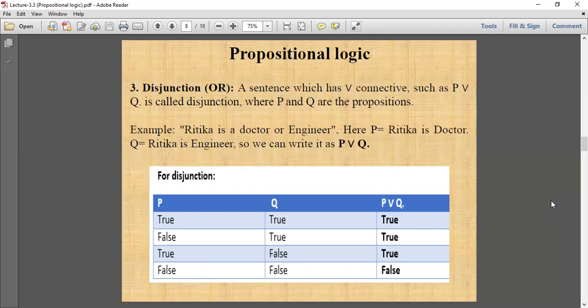So we can write it as P or Q. The truth table of P or Q. P is true, Q is true, so P or Q is also true. P false, Q true, so P or Q also true. P true, Q false, so P or Q is also true. P false, Q false, so P or Q also false.